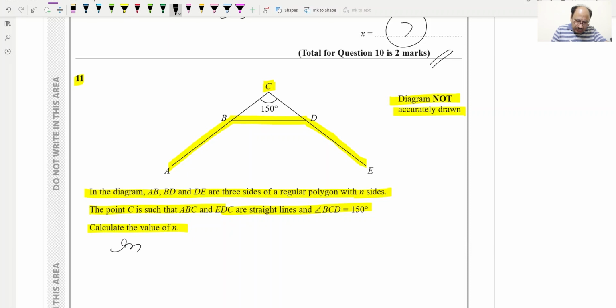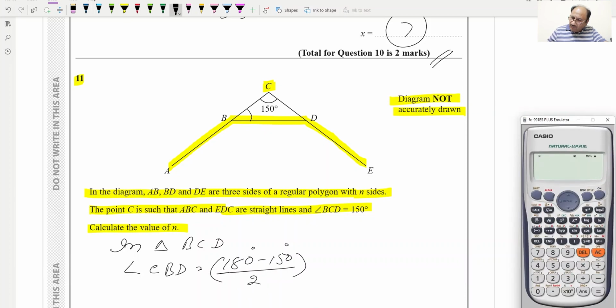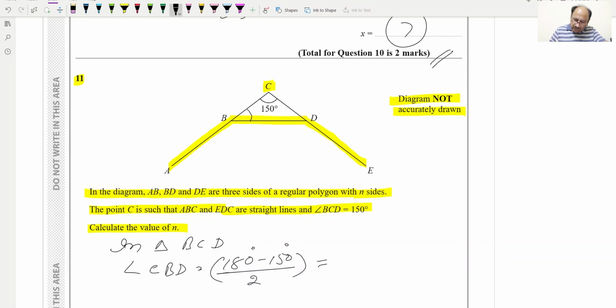So in triangle BCD, angle CBD is equal to 180 minus 150, divided by 2. This will be one angle which we can find, so it will be 180 minus 150, divided by 2, which is equal to 15.